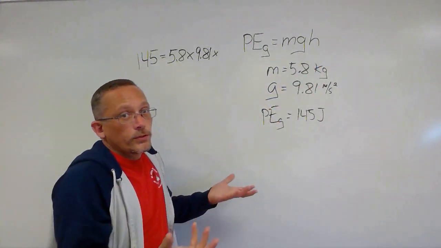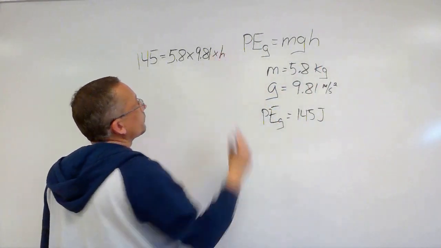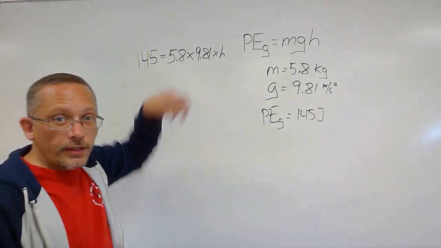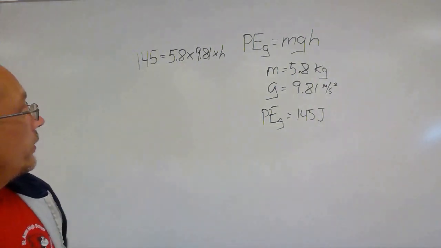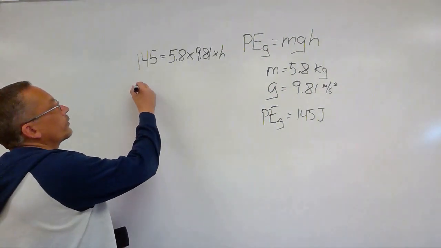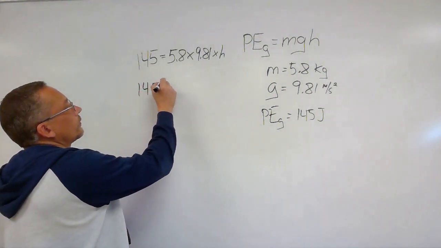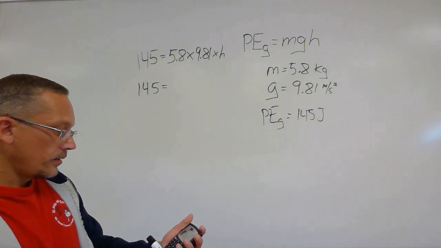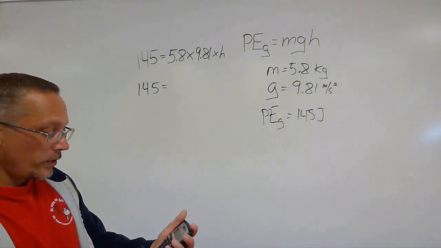And the height we don't know, that's what we're going to find. Let's simplify this a little bit. I can multiply these two numbers right here, so I'm going to grab my calculator. I'll bring down the 145, and multiply 5.8 times 9.81.